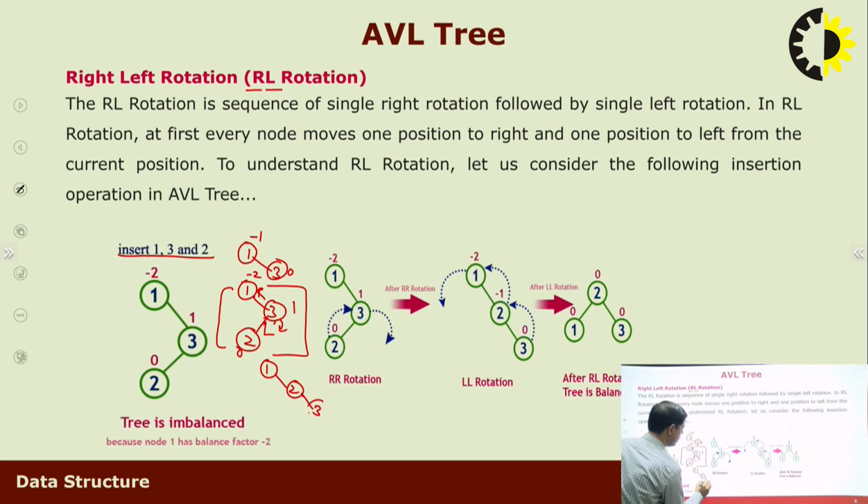This is our first rotation. After that, we have to rotate the tree in the left direction at node number 1. Now it will become 2, 1 and 3. Now we can check the balancing factor, that is 0, 0 and that is also 0. That means the tree is balanced.